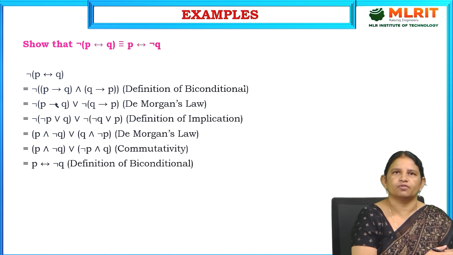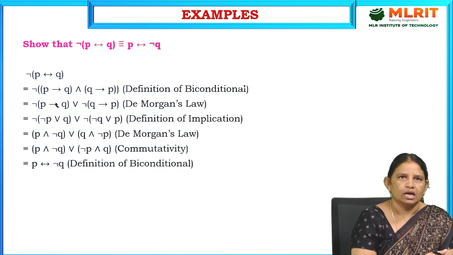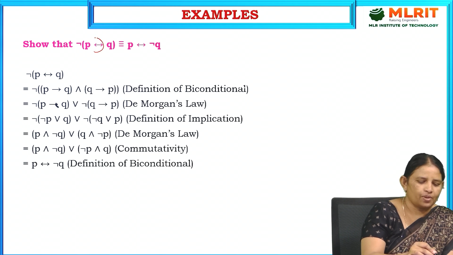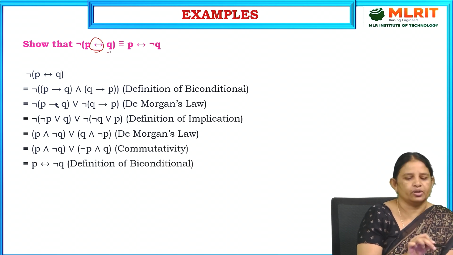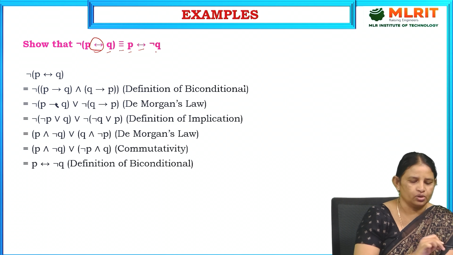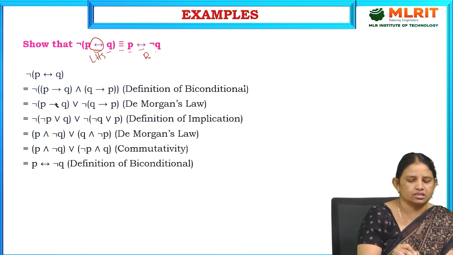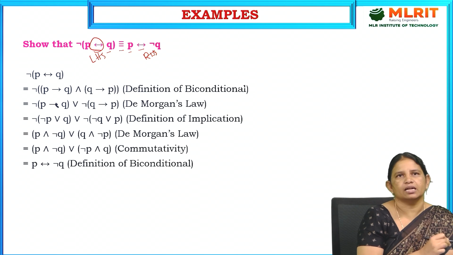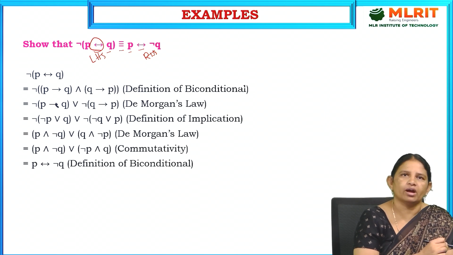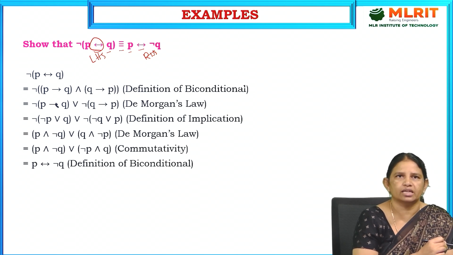Now consider the fourth example. Show that the negation of (P biconditional Q) is equivalent to P biconditional ¬Q. So this is the LHS and this is the RHS. We consider the LHS, and at the end we have to prove that the given LHS is equivalent to the RHS.